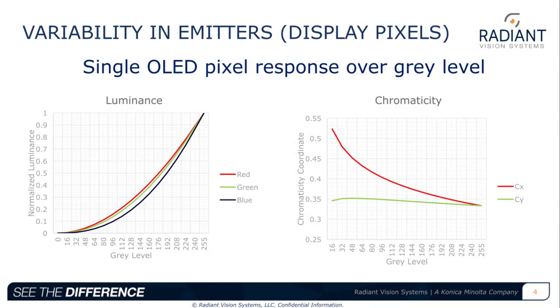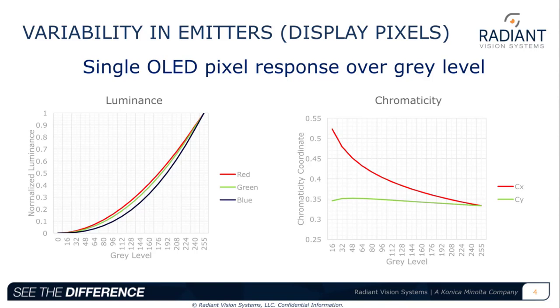In addition to the challenge of creating a correction for each pixel, it's a little more complicated because each pixel on the display has its own response to gray level input. This means each pixel has its own gamma curve. So not only does our correction have to be for each pixel, it has to be for each pixel at each gray level.